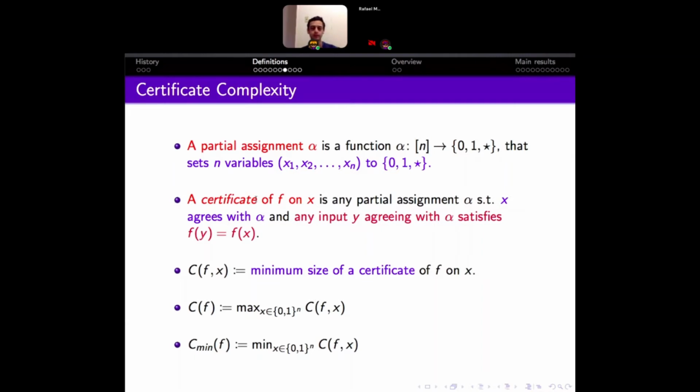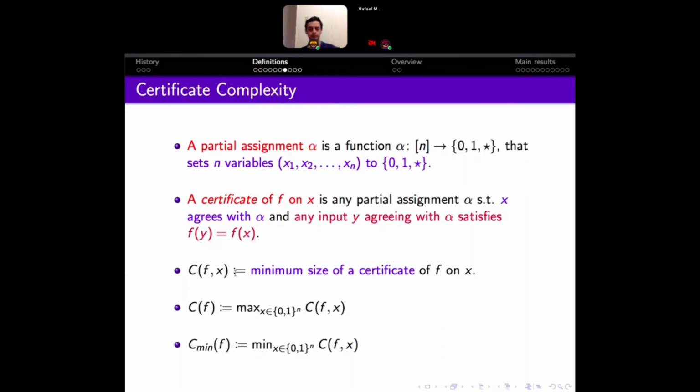Now, a certificate of function f on input x is defined as any partial assignment alpha such that x agrees with alpha, and any other input y that agrees with alpha also agrees on the function value with x. So it also satisfies f of y equal to f of x.